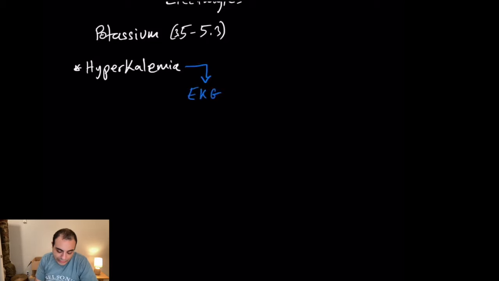And you have to look in the EKG for signs of hyperkalemia, okay? The signs of hyperkalemia you can see on the EKG is first a hyperacute T wave, okay? That's number one. Number two, you can see a widened QRS complex, okay?